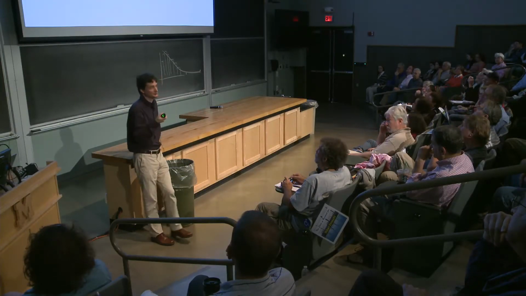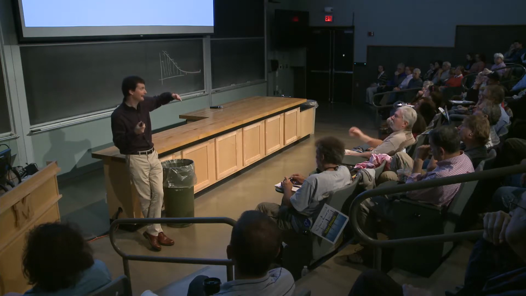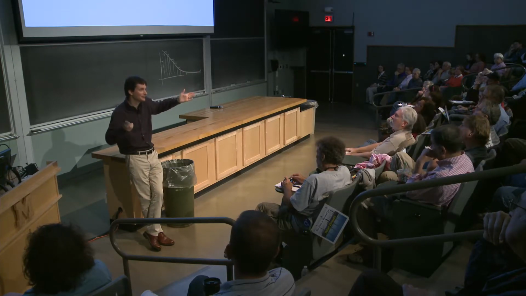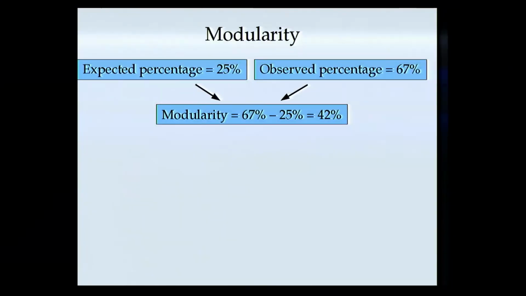So really what I want to know is, how many more friends do I have in the same grade as me than that, right? 25% is nothing. That's just what I would expect anyway. So I calculate something called a modularity. I expect to have 25% of my friends in the same grade. If I just chose all of my friends from the whole school, then I'd have one quarter in each of the 4 grades. 25% of them would be in the same grade as me.